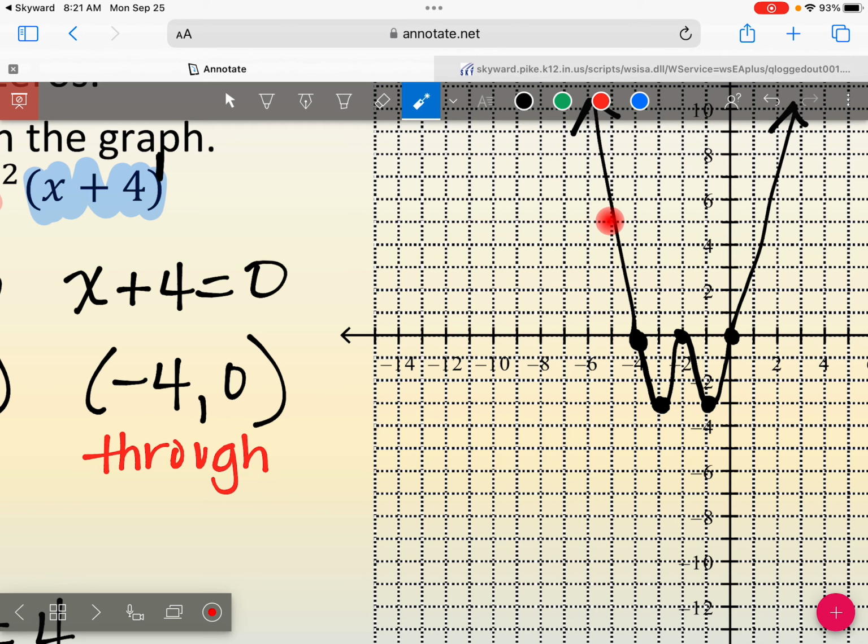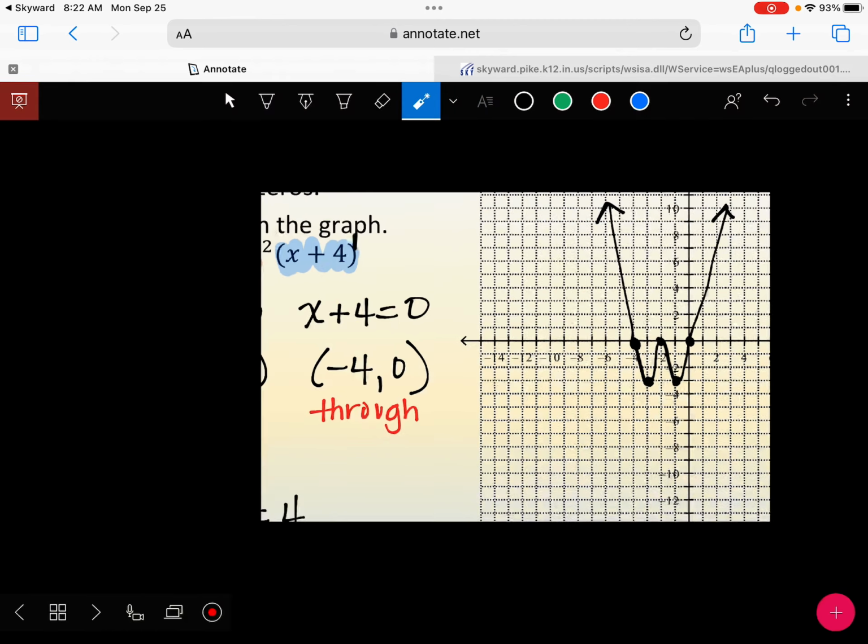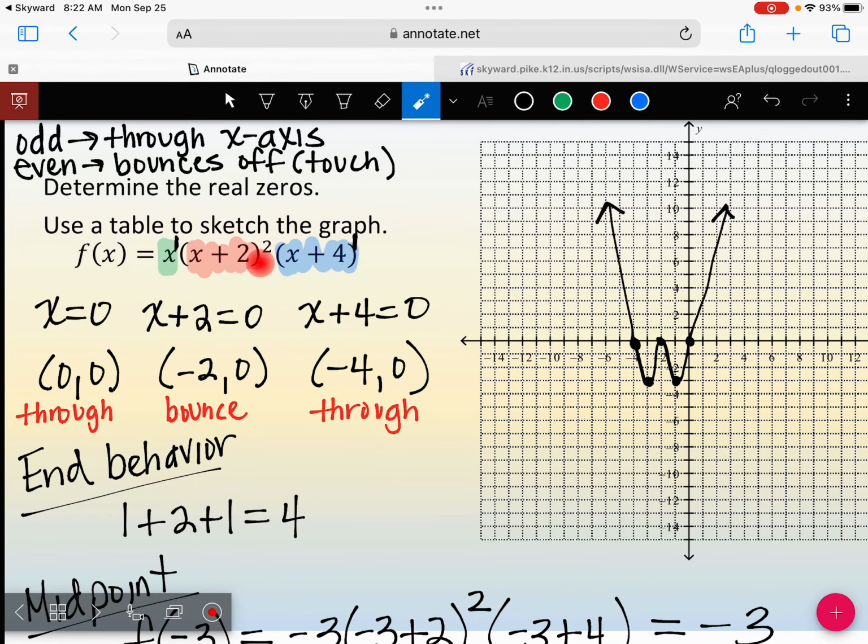We knew that based off the factor. At -2, it doesn't go through. Some books say bounce; I think the book you have says touches. You could tell that just based off of this exponent. I knew because this was even that it wasn't going to go through at -2.